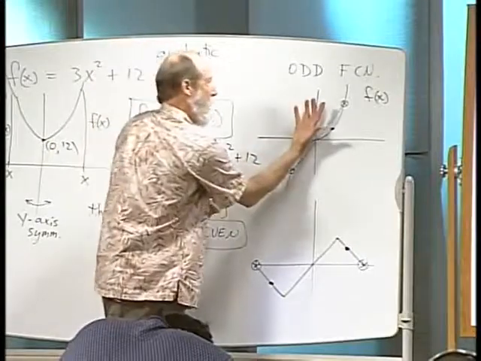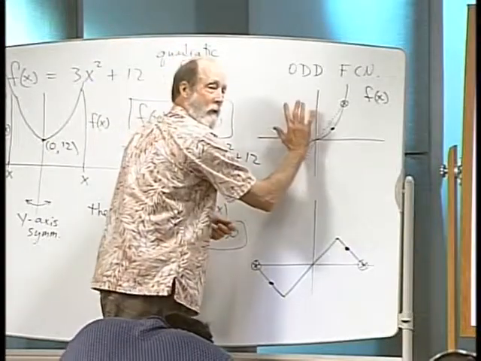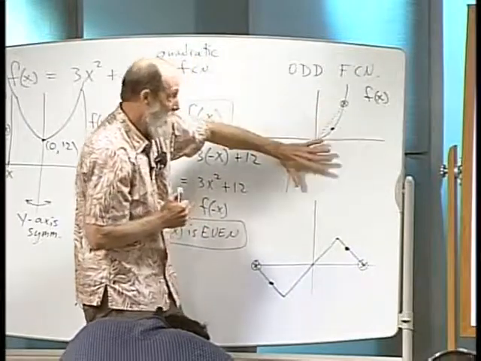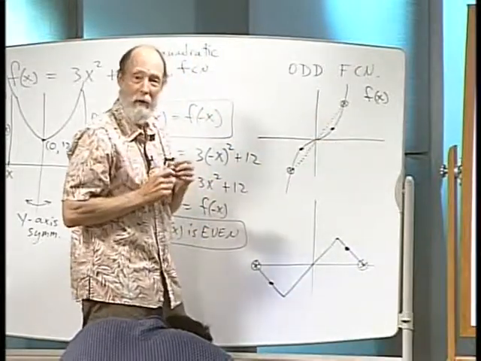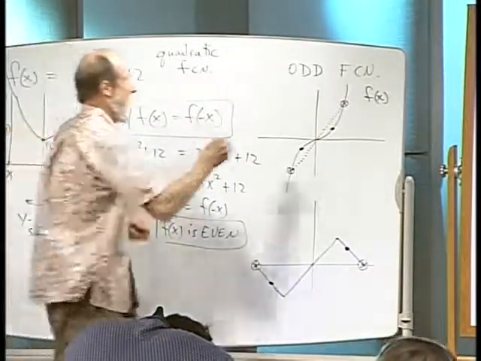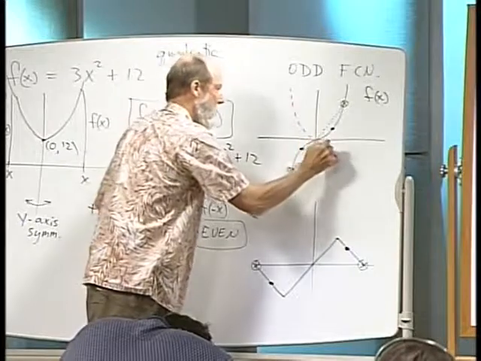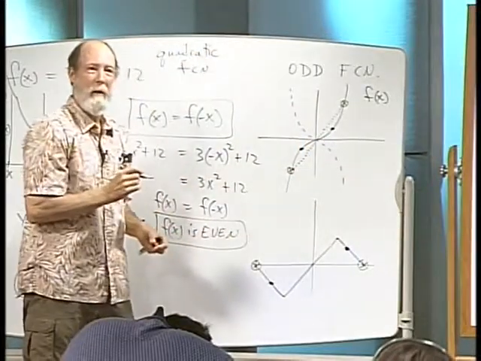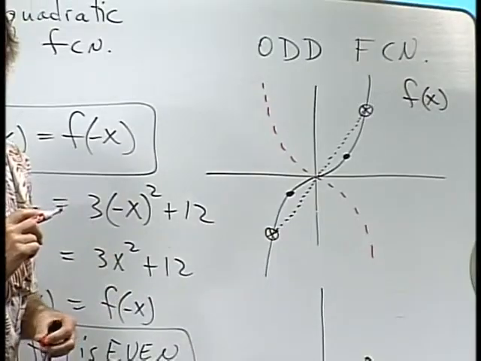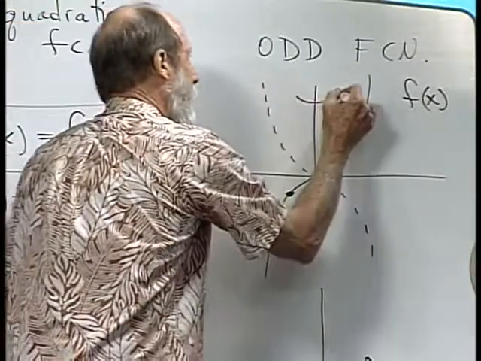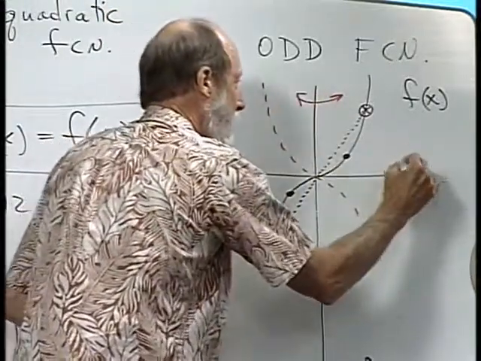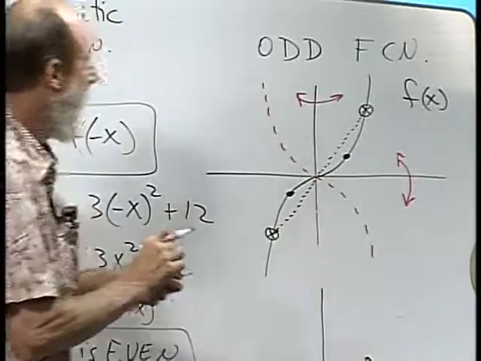So if you turn this thing around the y-axis, and then you compare that by turning it upside down, and the result lays right on top of itself, in red, that is a graphical way that you can see the origin symmetry as well. So the reflection around the y-axis would be the same shape as if you reflected the graph over the x-axis.